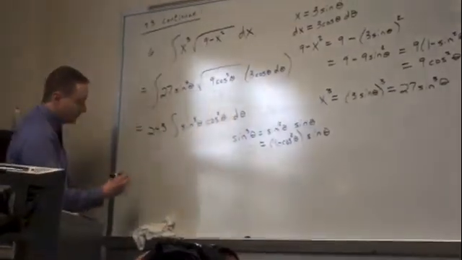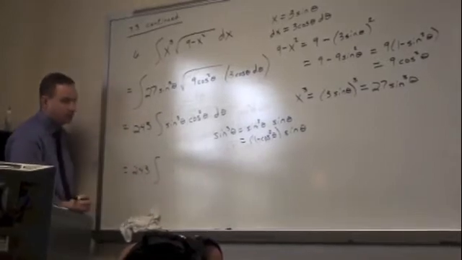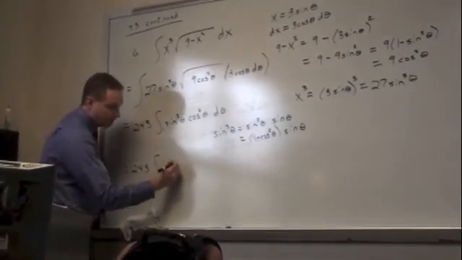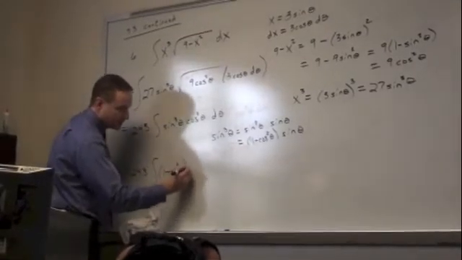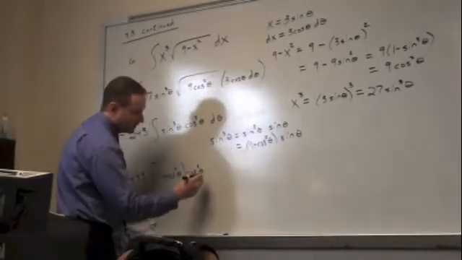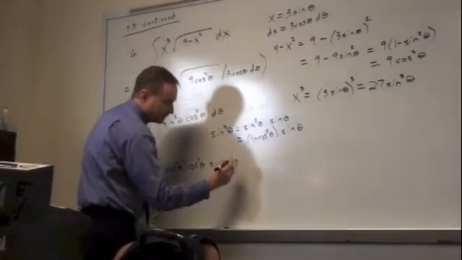So this becomes 243 on the integral of 1 minus cosine squared theta times cosine squared theta times the sine of theta d theta.